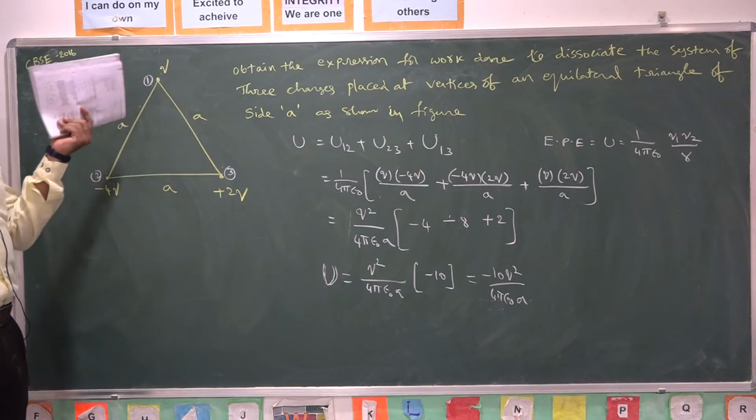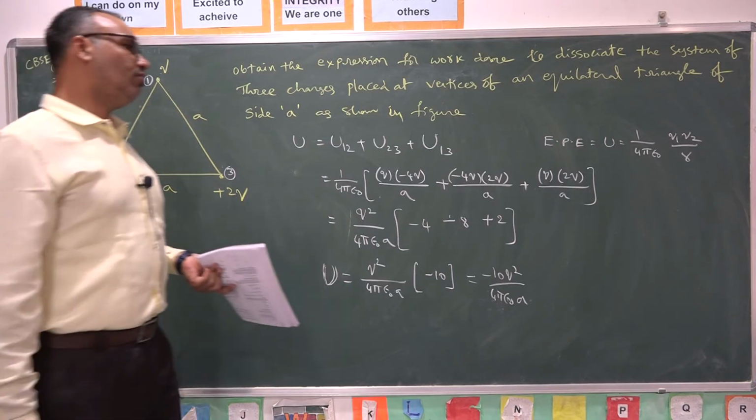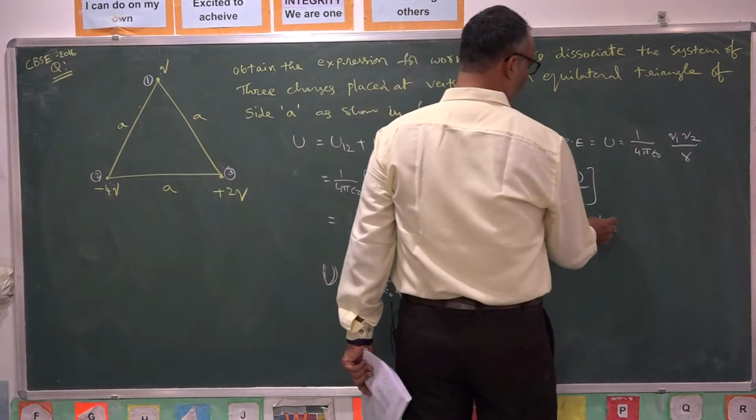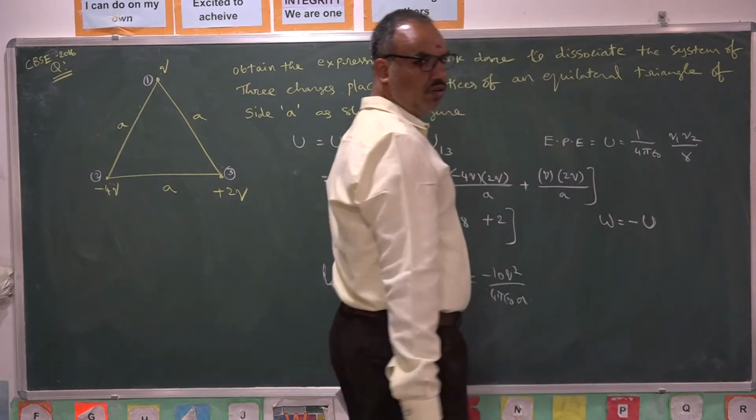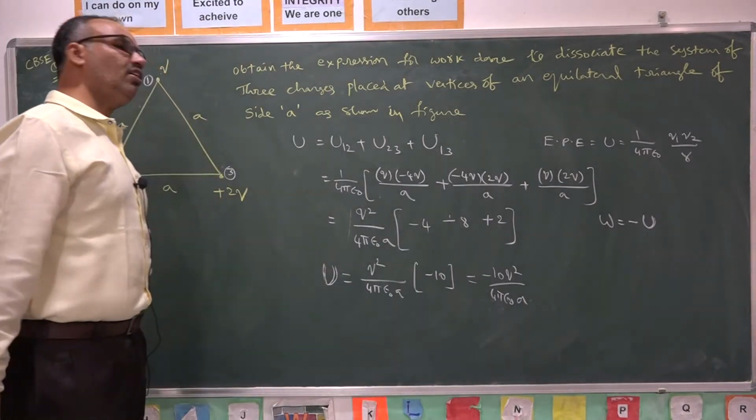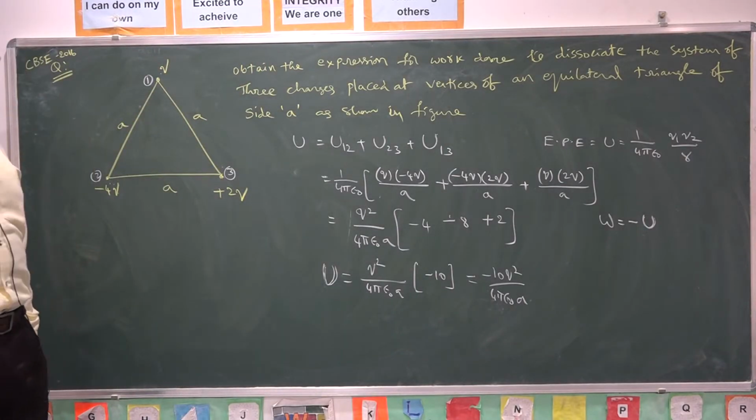So in order to separate them from one another, we should do some work which is equal to negative of potential energy. Whatever potential energy it is possessing, the same amount of work you need to do.